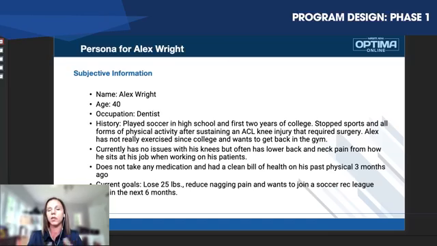If he said he wanted to lose 25 pounds in a month, that wouldn't be realistic. Luckily, he said he just wants to lose 25 pounds the safest and easiest way, which could be over time, which was fantastic. But he does have that nagging pain that he wants to get rid of, and he would like to join a soccer league within the next 6 months.